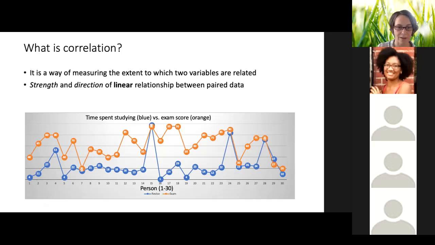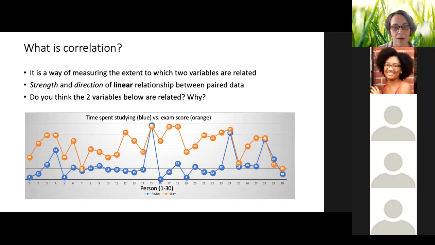That's always the case when we have observation units that, although not identical, share some association with each other, like siblings or whatever. So, strength, direction and linear relationships. What does that mean? We will talk about that in more detail.